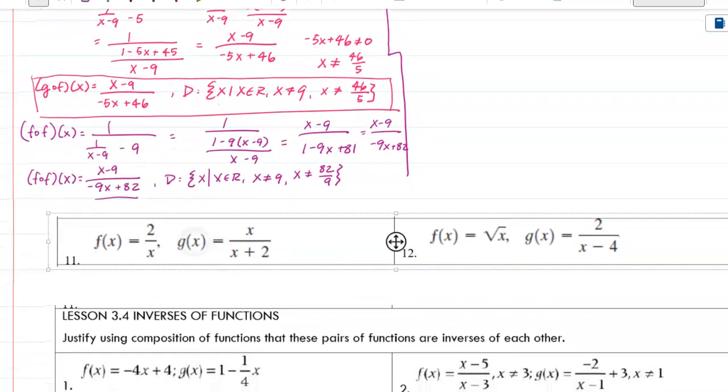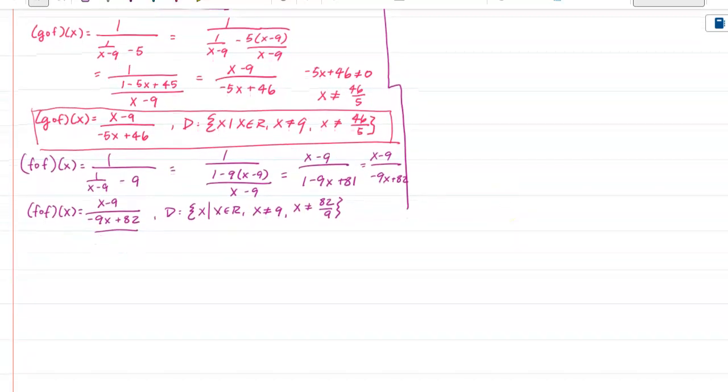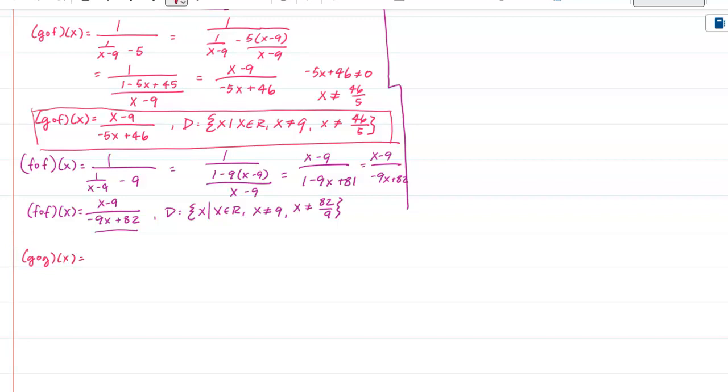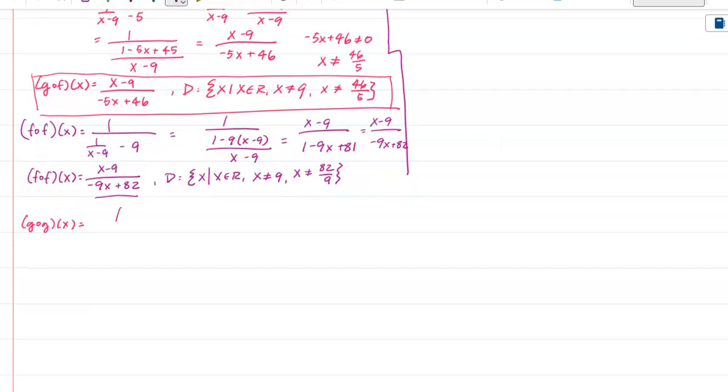The last one. Let's make some room for it. I'm going to do g of g now. g of g of x is 1 over x minus 5, I'm going to open up 5 minus 5: 1 over 1 minus 5, x minus 5 over x minus 5. That's going to equal x minus 5 over 1 minus 5x plus 25.